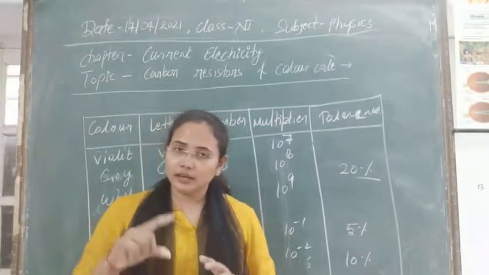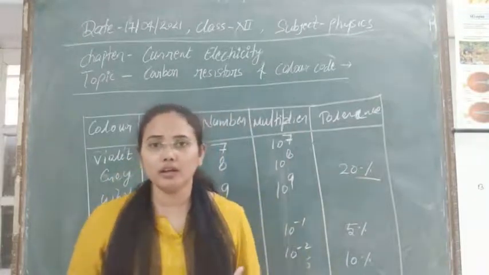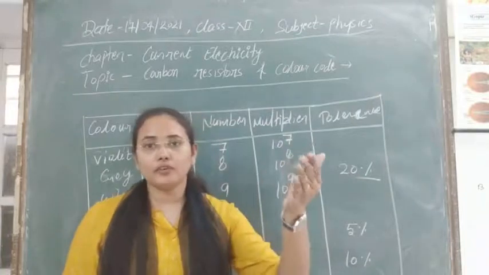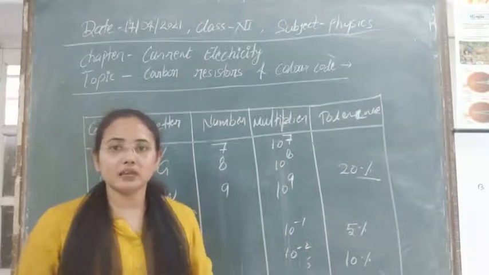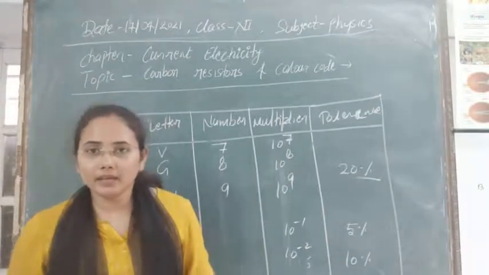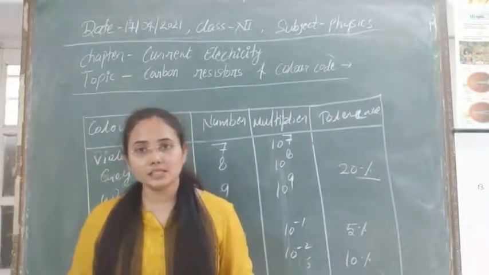If you write the colors in a different order, suppose we write brown first and black after that, then the resistor value will be wrong. So for every resistor, for every color, their number is fixed, their multiplier is fixed, their resistance is fixed.